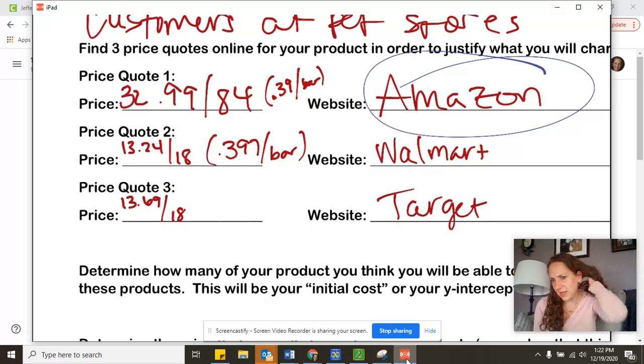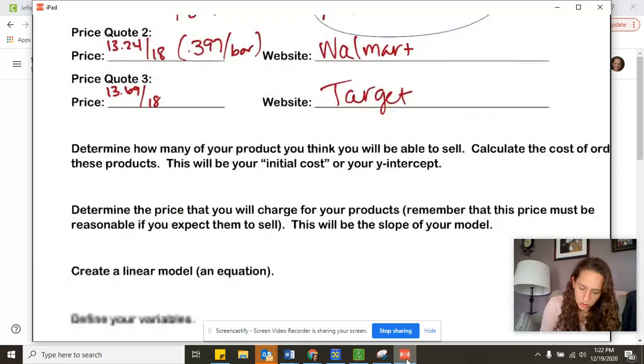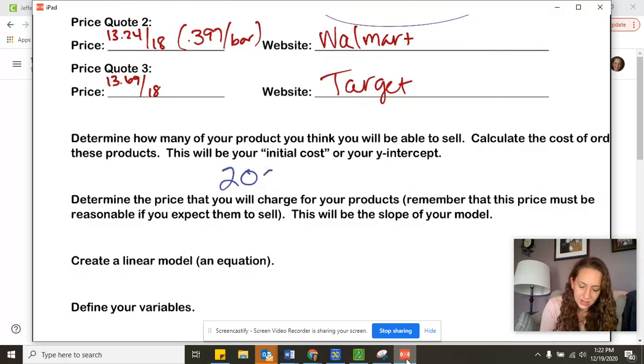So let's see. How many do I think I can sell for candy bars? I think that I can sell 200 candy bars. This could be anything. If you have very big ideas, like I've done this for people who've sold candles, people have sold socks, anything you want. You just got to pick how many you think you can sell.